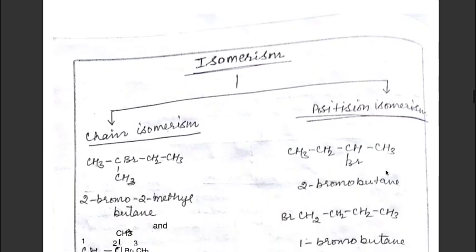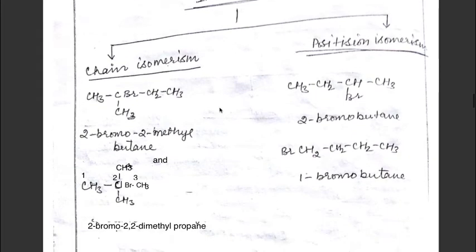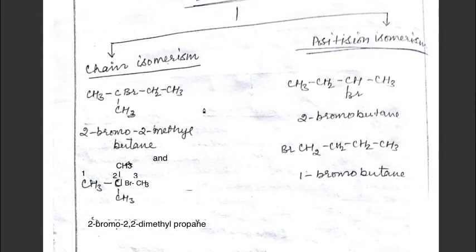Next, let us discuss isomerism in alkyl halides. Broadly, alkyl halides show two types of isomerism, chain isomerism and position isomerism. Chain isomerism means molecular formula of the compound remains same, but structure formula becomes different. For example, 2-bromo 2-methyl butane. 1, 2, 3, 4, chain of 4 carbon atoms means butane.